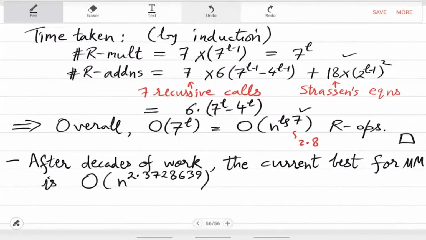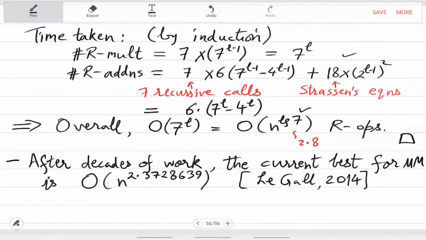So this is from 2014 from Le Gall. That survey paper, if you want, you can read. And currently there are no good techniques to improve this. Whatever techniques have brought it down to this are more or less stuck.